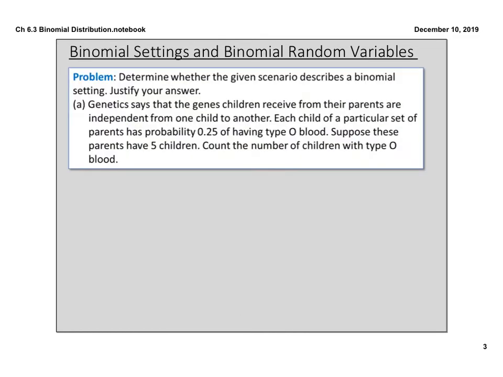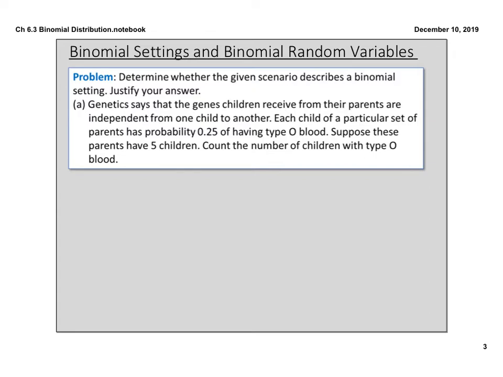So let's talk about identifying those things in this question. It says, determine whether the given scenario describes a binomial setting. Justify your answer. The first one: genetics says that genes children receive from their parents are independent from one child to another. Each child of a particular set of parents has a probability of 0.25 of having type O blood. Suppose these parents have 5 children. Count the number of children with type O blood.